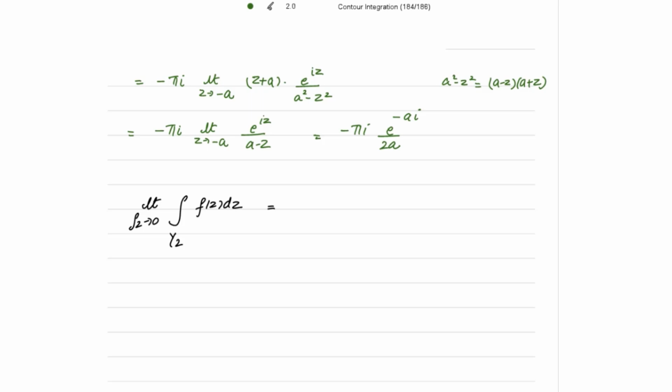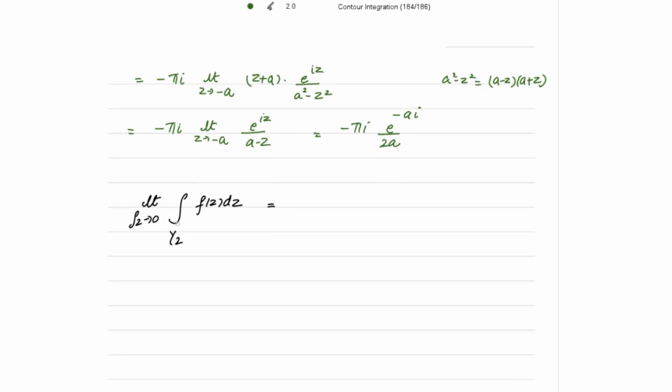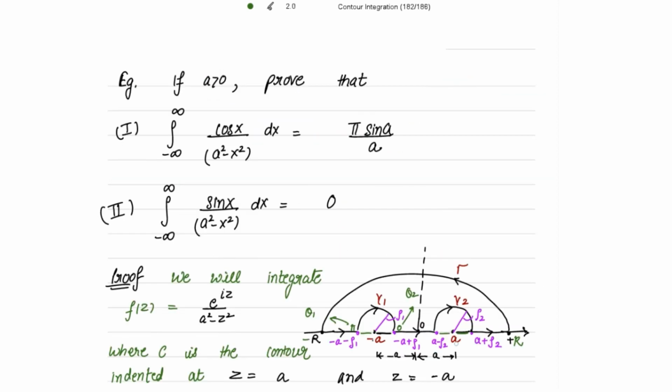Now calculating the value for the integral over gamma 2, and in that case the radius will tend to 0. So rho 2 is tending to 0. So limit rho 2 tending to 0, where rho 2 is the radius of the semicircle gamma 2. This integration f(z) dz is equal to, again the same formula, iota (theta 2 minus theta 1), limit z tends to, now this semicircle is indented at z equal to a.